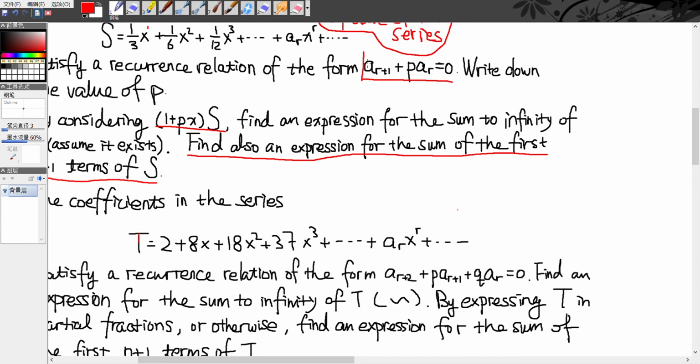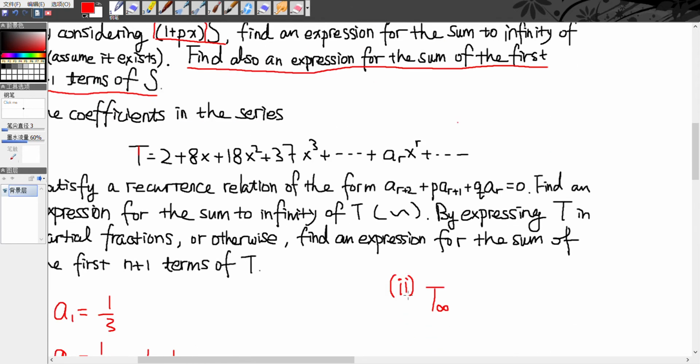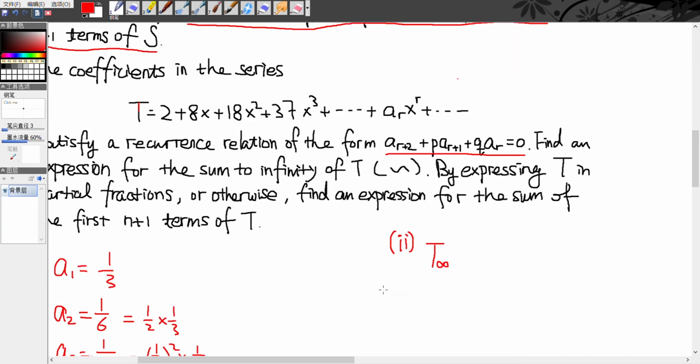So don't you think the multiplier in front of s is very similar to the recurrence relation that has been suggested? So now we want to find our recurrence relation in the first place. So what is our recurrence relation?